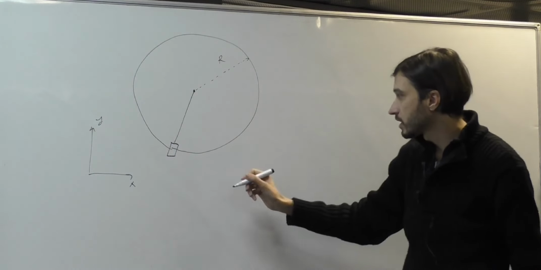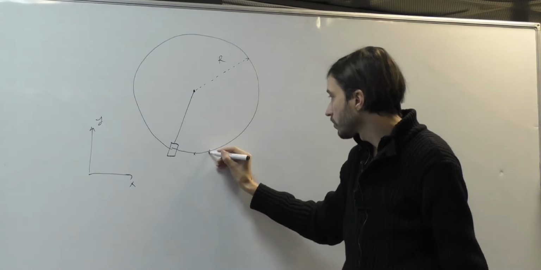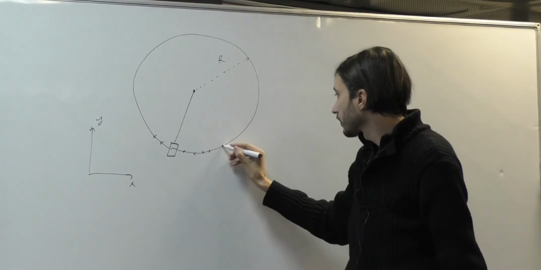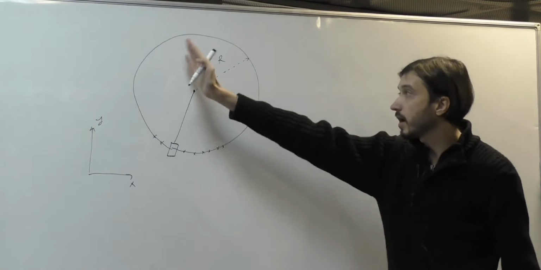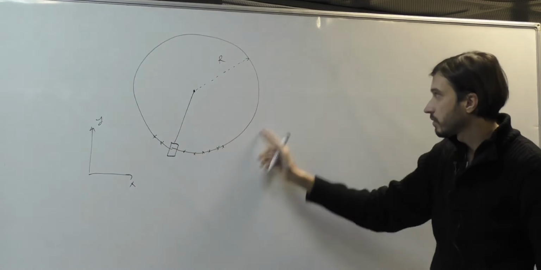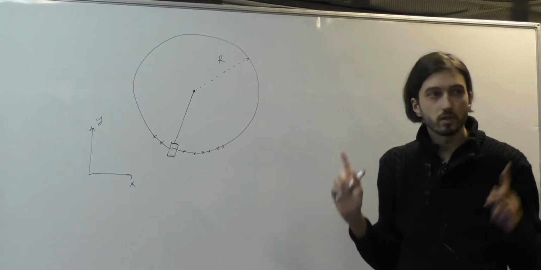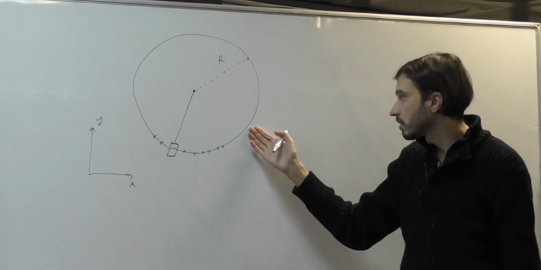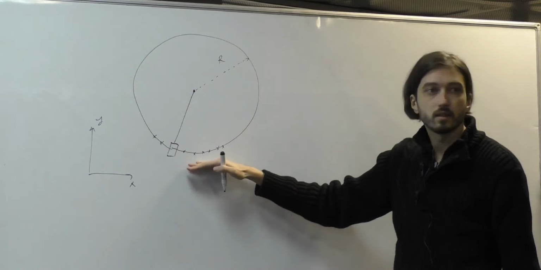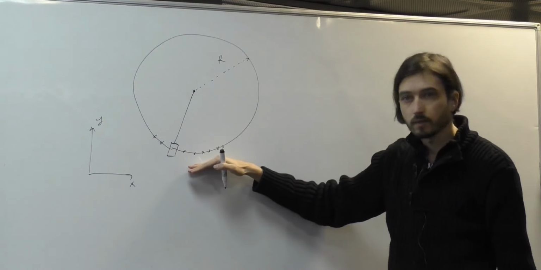Because all the points that I measure, some point here, here, here, and so on, are lying on a manifold S1. So I have this one-dimensional sphere, or let's say a circle, and all the points that I'm measuring are lying on this manifold.